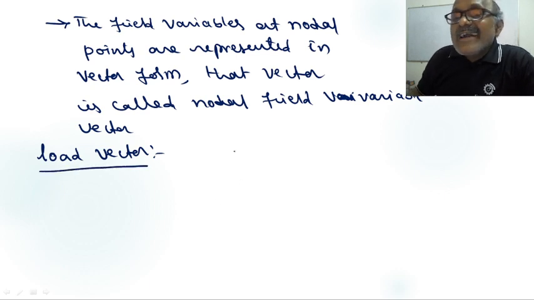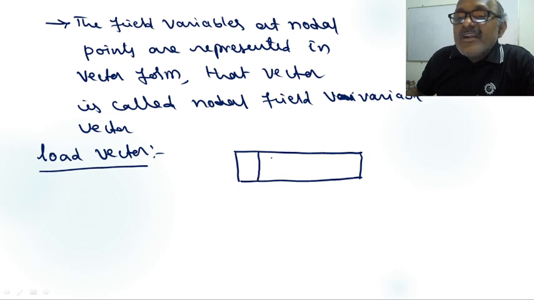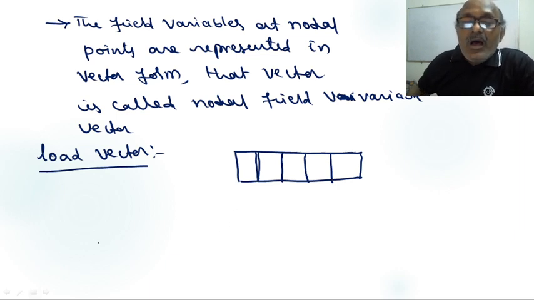See, again, consider a domain, my dear students. This domain is divided into small pieces like this. Now it is node 1, node 2, node 3, node 4, because at the joining of these two elements there is a node. So here is node 5, here is node 6.